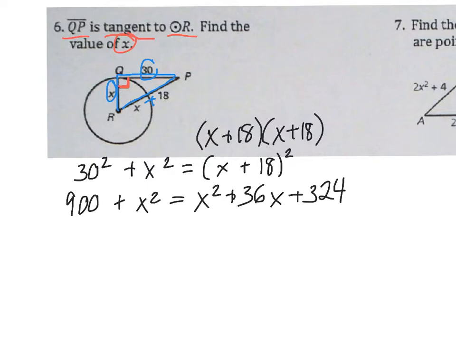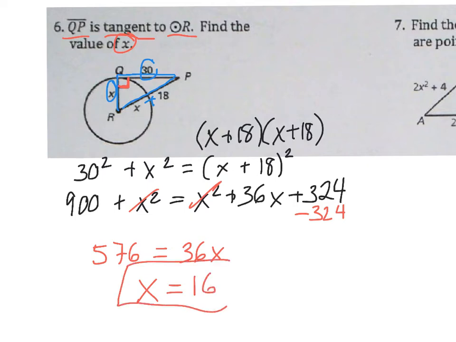Now, right away, as soon as I start to rearrange this equation, I notice that my x squareds are gone. And I'll move this 324 over, which is going to leave me with 576 equals 36x. And then as soon as I divide by 36, I'm left with 16 for x.